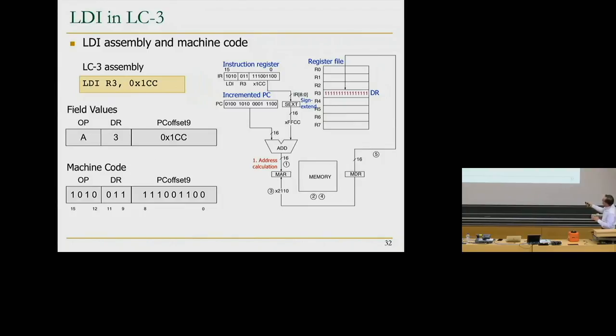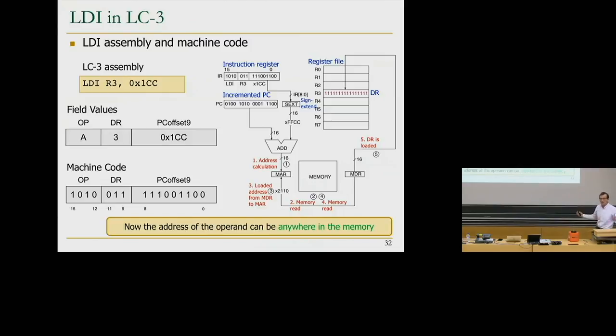You put the address into the memory address register, do the memory read, get the data into the memory data register, but now take that data and put it back into the memory address register, access memory again in the fourth step, and then once you get the data in the MDR, that's the data that you read. Make sense? So you're basically indexing. You're using the data value at the first address you calculated as an address to go and access somewhere else. Now this is good because the operand can be anywhere in the memory, right?